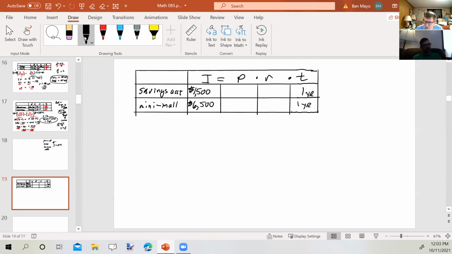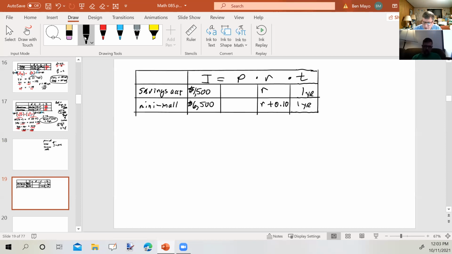So how about if we let R equal the rate of interest paid? So the savings account is R, the mini mall is R plus 10% or 0.10, converting 10% into a decimal.